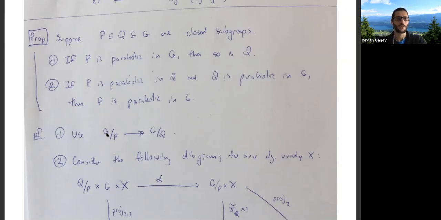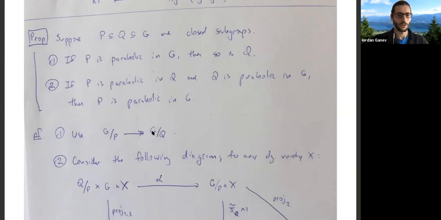For the first assertion, you just use the quotient map G mod P to G mod Q. This is a surjective map. If G mod P is complete, then its image is closed and complete. The image is everything. That means G mod Q is complete, so Q is parabolic.